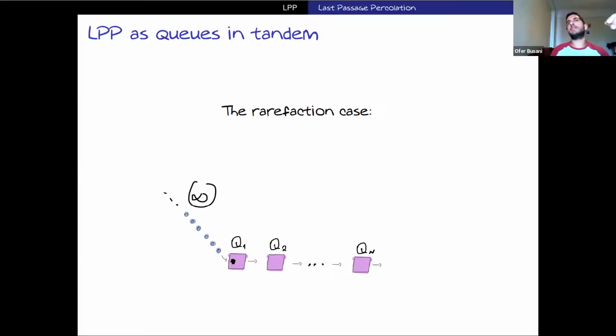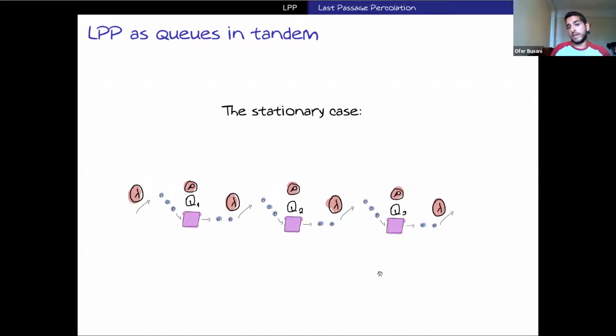The passage time would be how long it takes the n-th customer to be served by the n-th server. And the stationary case would be like having infinitely many servers, where each server is fed by customers coming at rate lambda, and they are served at rate 1, so rho would be 1. This is the stationary case.